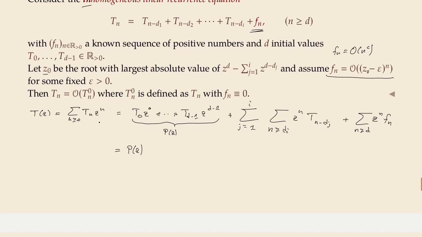The new part that we had when inserting the recurrence here was that we also have this f_n. So we have here something that's essentially the generating function of this function f. So we define this to be that. And we'll see that we know a bit about this generating function by our assumption.